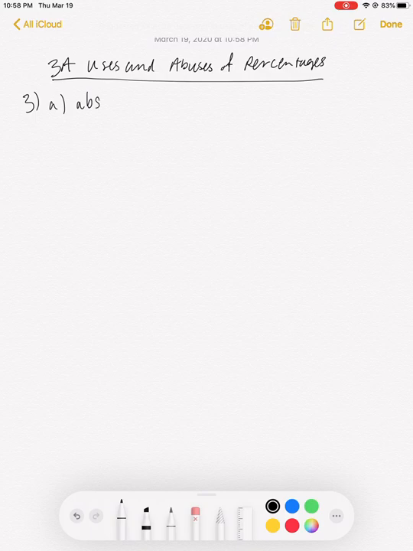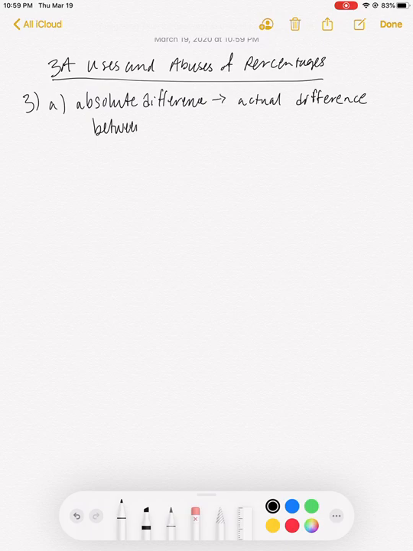So the absolute difference is the actual difference, found just by subtracting, similar to what we've seen before. Okay, the actual difference between a compared value and the reference value.